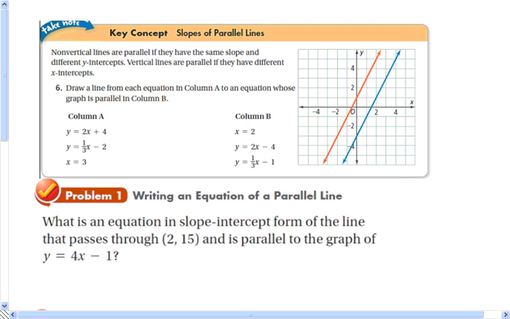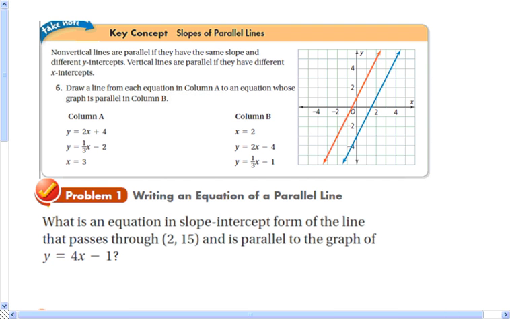All right. Here's a key concept that's just a review. Slopes of parallel lines: non-vertical lines are parallel if they have the same slope and different y-intercepts. Vertical lines are parallel if they have different x-intercepts. Any two lines that are parallel will have exactly the same slope.